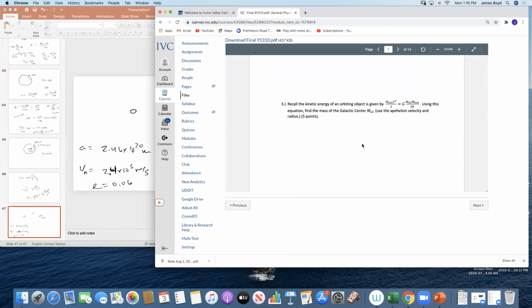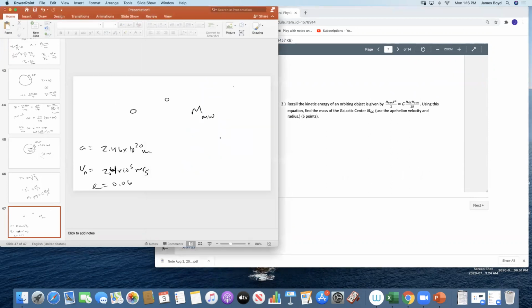Now, the energy can be used to find the mass of the galactic center. We know that KE is GMm over 2 r_A, and that's equal to m v_A squared over 2, where m is the mass of the sun.